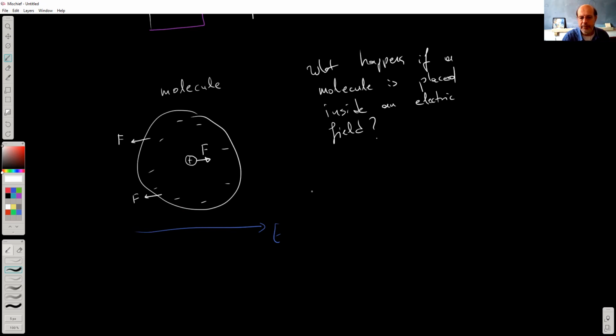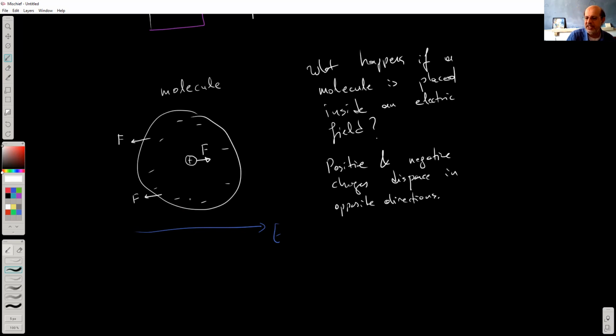Okay, so because of that, there will be a displacement, right? So positive and negative charges displace in opposite directions. This displacement is actually very small for ordinary electric fields.